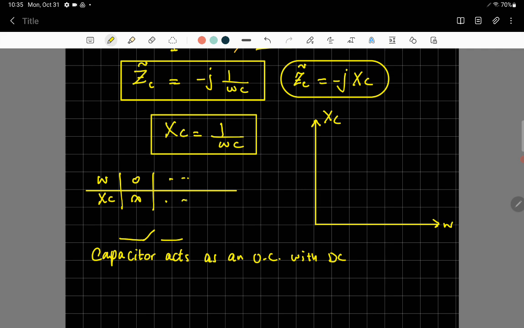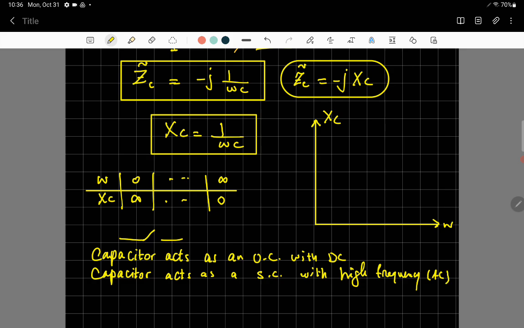If you increase the frequency, then you will start to find reactance values till you reach infinity. 1 over infinity is equal to 0. So the capacitor acts as a short circuit with high frequency, which will be, of course, AC.